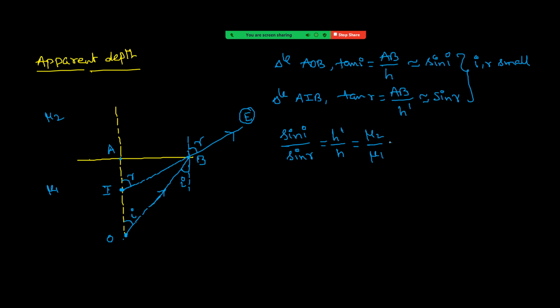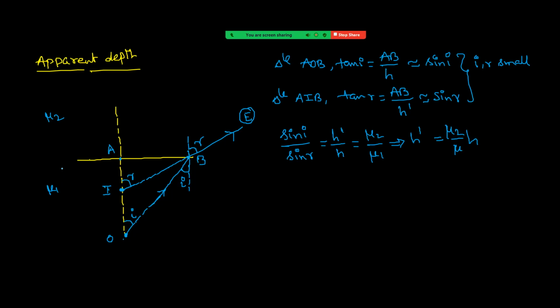Now from this, see what we get. H dash, the apparent depth, is equal to mu2 by mu1 into H. Now see carefully.